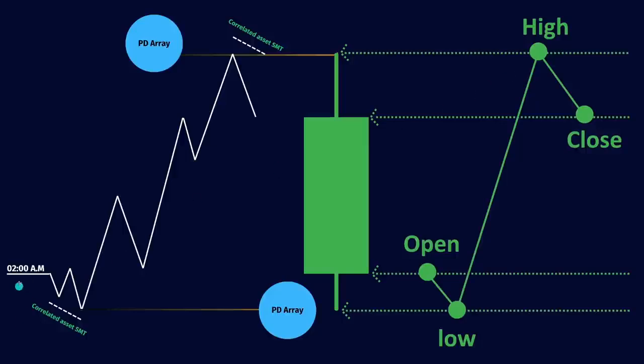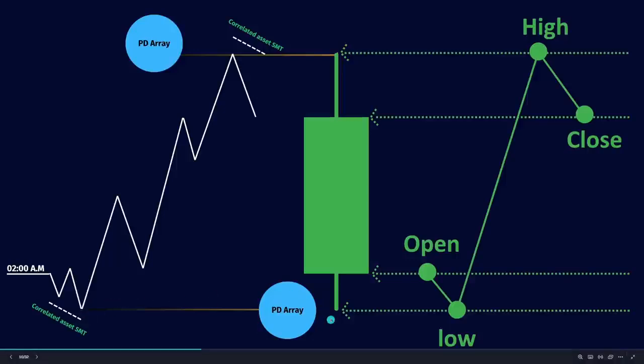So here on the left, you can see the opening, 2 a.m. It's the same opening here, and when price is moving to print the week low, at the same time price is looking for one PD array on a higher time frame.